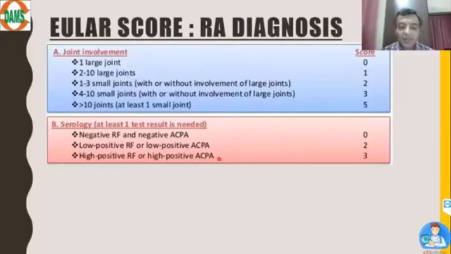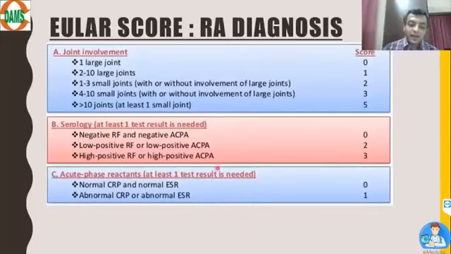If you have high positive, then you get a maximum of 3 points. I am clarifying, only one test is required. Both RA factor and ACPA are not required; any one is okay to give the score.